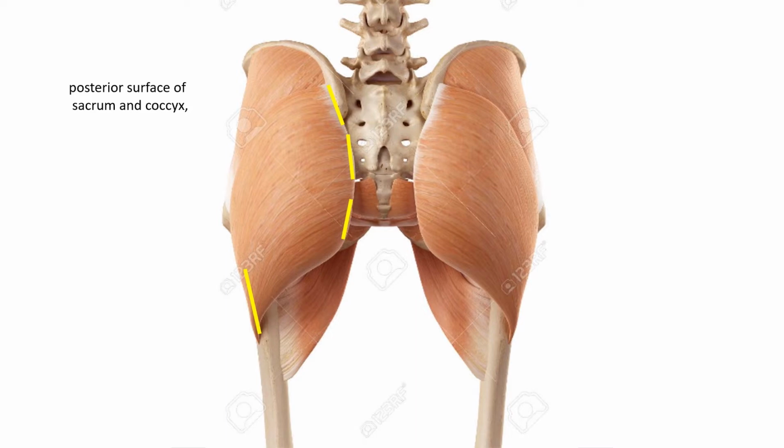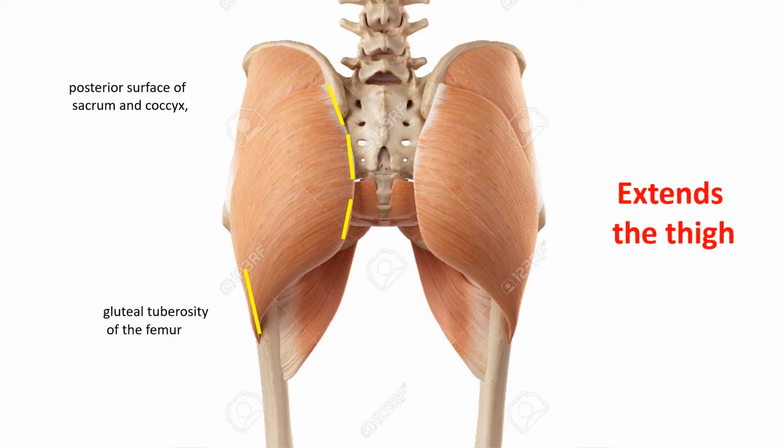And here are the facts repeated again. It comes from the posterior surface of the sacrum and coccyx and inserts into the gluteal tuberosity of the femur, and because it is posterior to the hip, it extends the thigh.